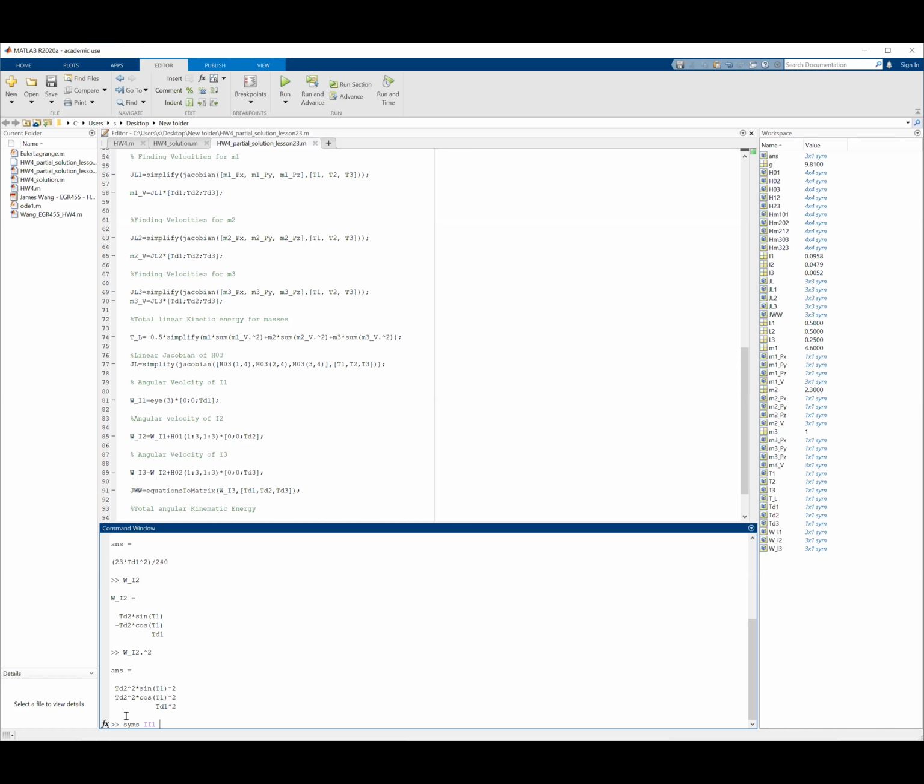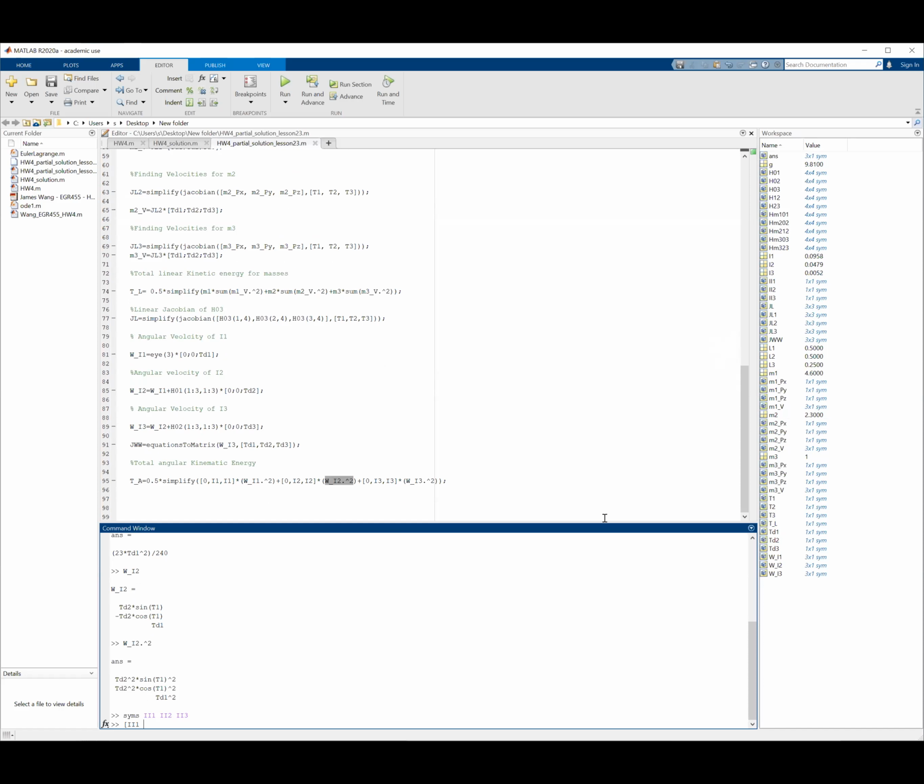Let me just show you what is happening. II1, II2, II3. And what I want to do is multiply II1, then II2, and II3, with the squared terms.